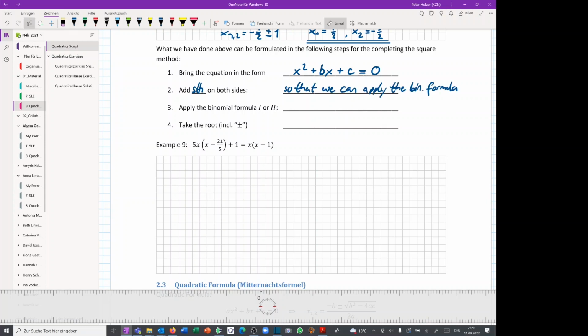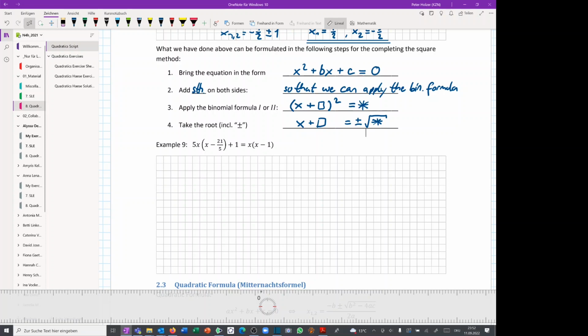In the next step, we apply the binomial formula, so we get brackets x plus something squared equals something. And then we apply the root and we get x plus the one something equals plus minus the root of the other something.